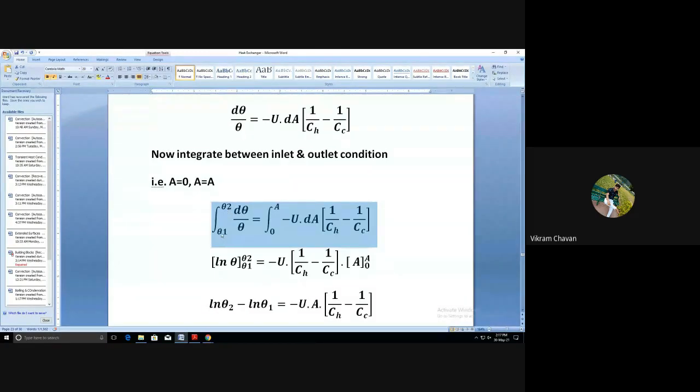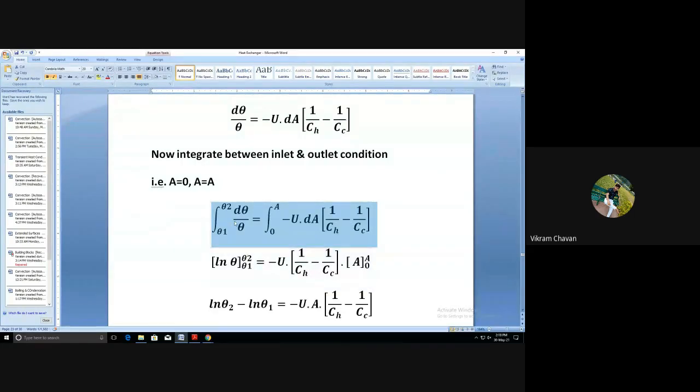So integration with limits theta 1 to theta 2 for d theta divided by theta is equal to, with limits 0 to A for the area, minus U multiplied by dA inside bracket 1 upon Ch minus 1 upon Cc.